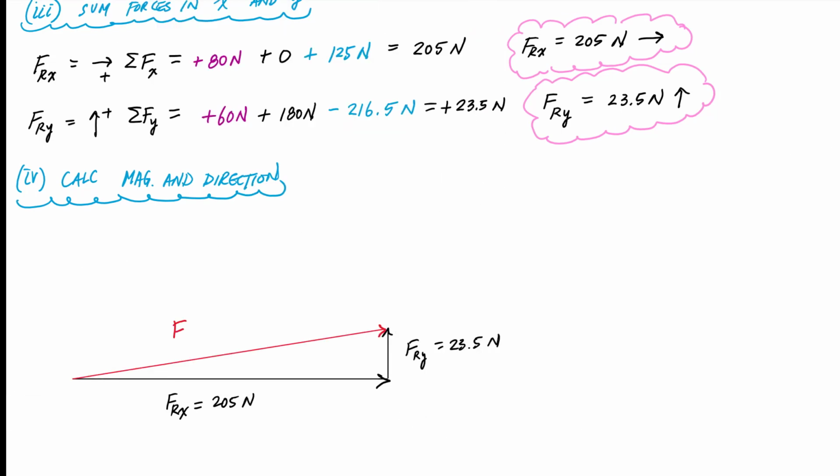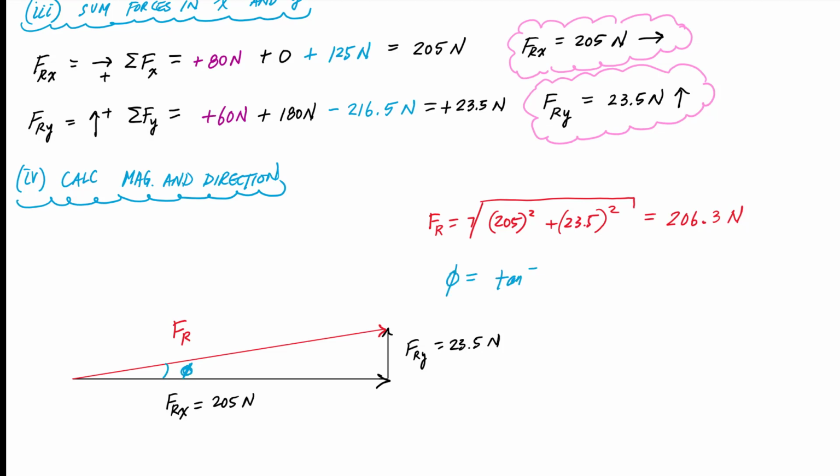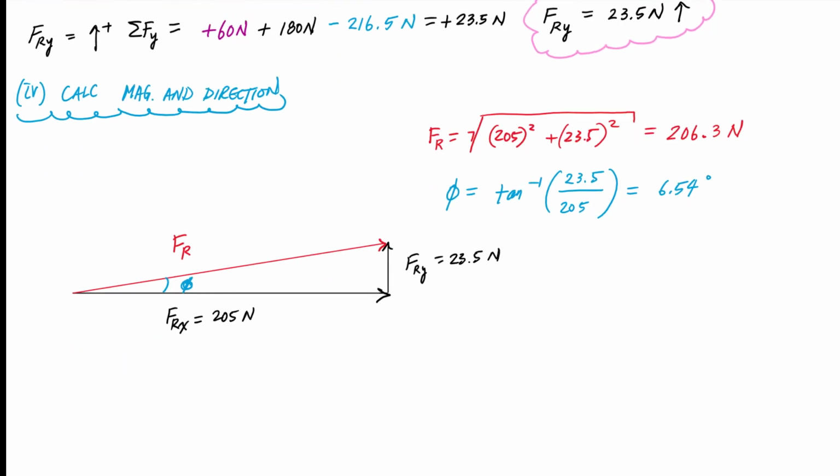And here is FR, and the magnitude of FR, the square root of the sum of squares, is 206.3 newtons. And this angle here, which I'll call phi, is the inverse tangent, which is 6.54 degrees. So I have magnitude and direction from a horizontal.